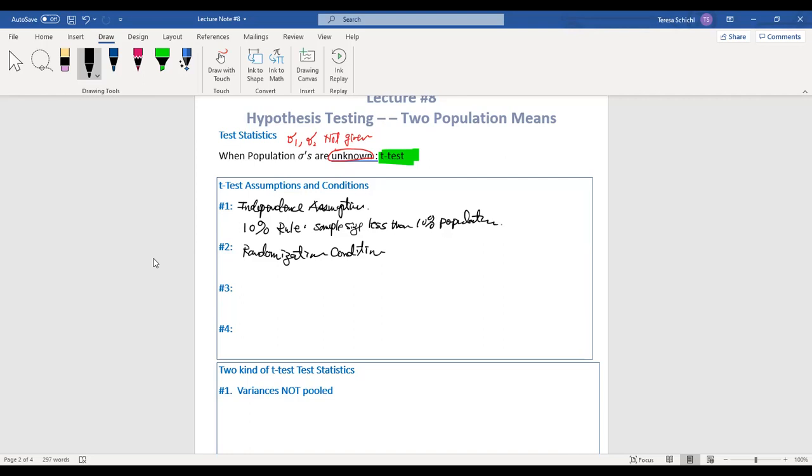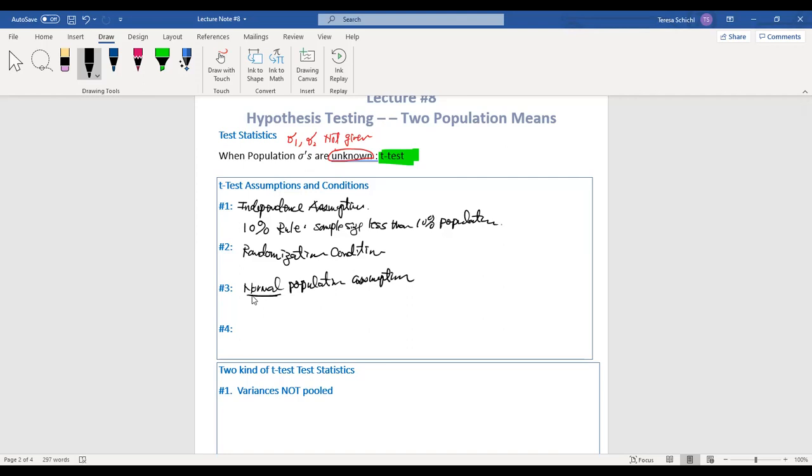Okay, then the next thing is we need to have a normal population assumption. That is what the t-test requires. When you take a sample, the population you take the sample from needs to satisfy the normal population assumption.